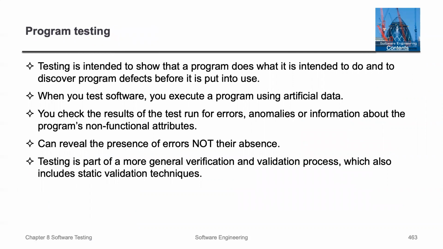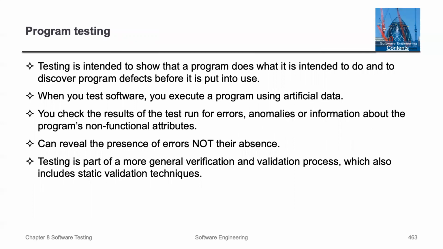So for program testing, it's intended to show that a program does what it is intended to do and to discover program defects before it is put into use. That's always a good thing. When you test software, you execute a program using artificial data. So you come up with a test data set that tries to validate that it can work as it processes that information. You want to check the results of the test for errors, anomalies, or information about the program's non-functional attributes.